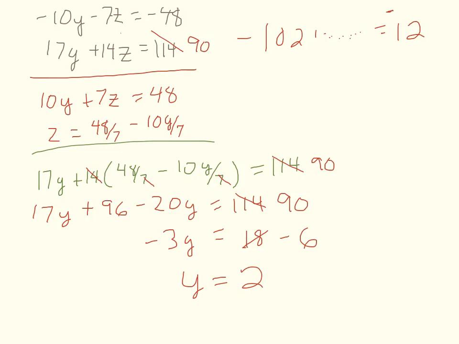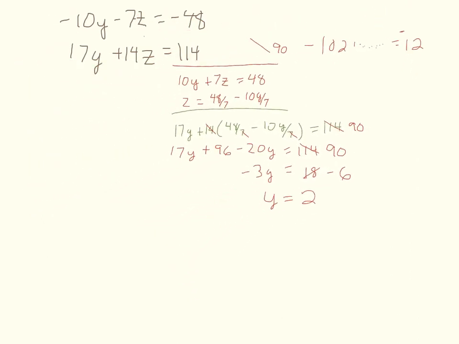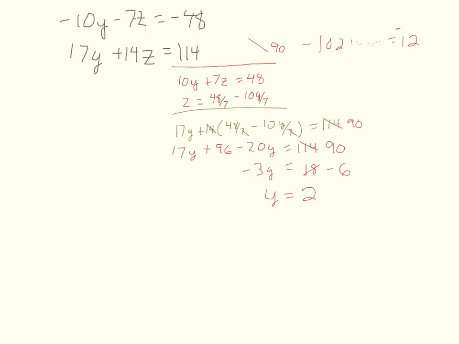Okay. Now when you have y is equal to 2, you can then plug it back in and find out what the z should have been. So we have z is 48/7 minus 10y over 7.